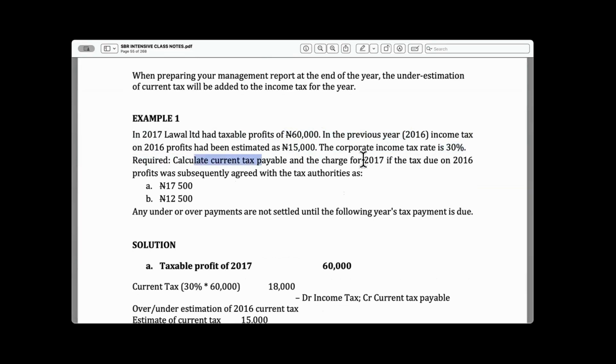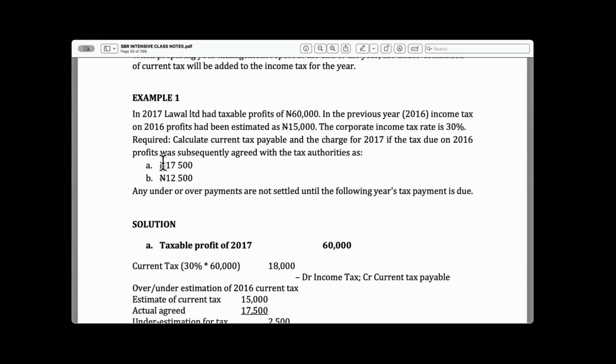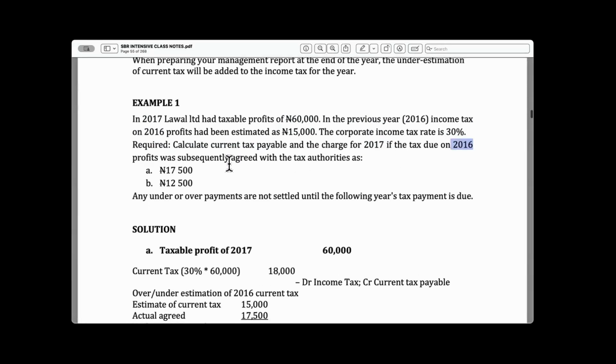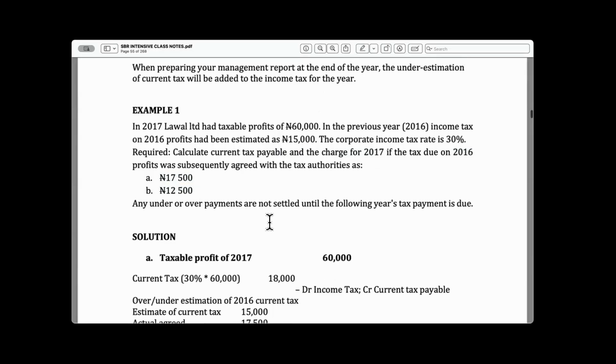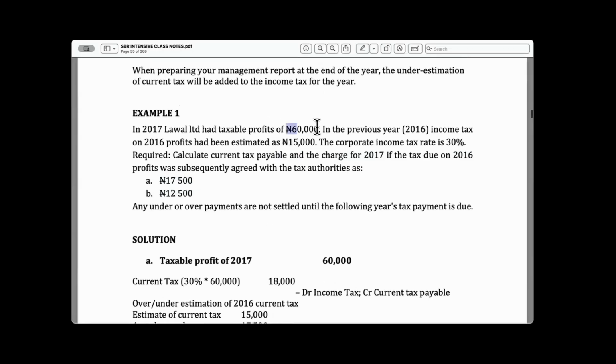So they want us to calculate the tax charge in 2017. Now, we're told that the tax of 2016 was subsequently agreed to be 17,500 and 12,500. Now, how do we then calculate the tax charge for 2017? Firstly is this. The taxable profit of 2017 is 60,000.